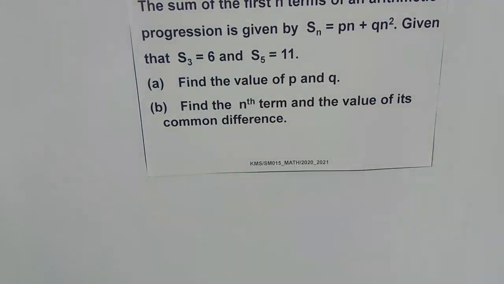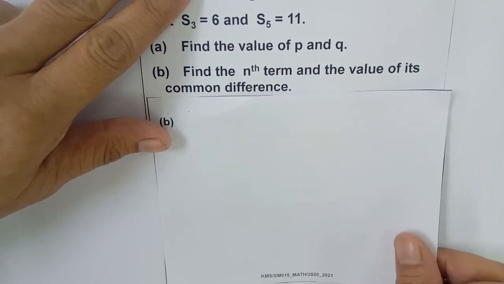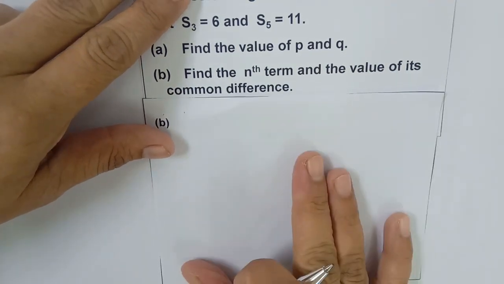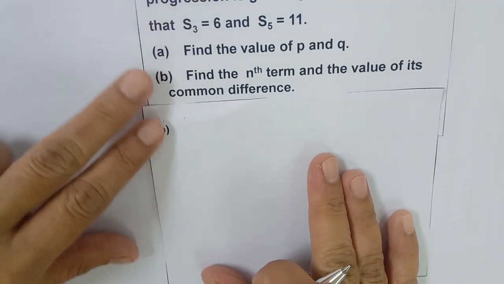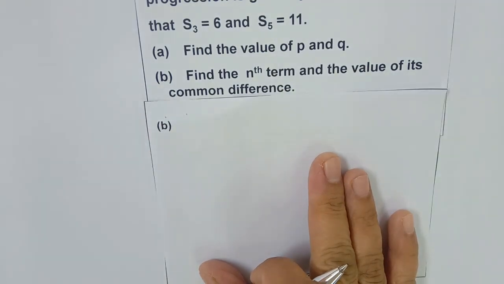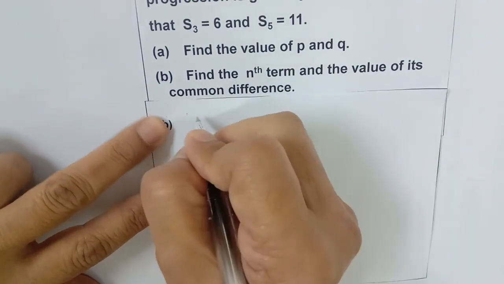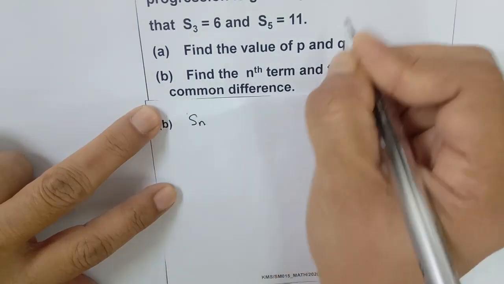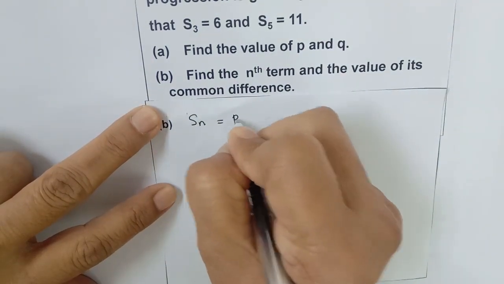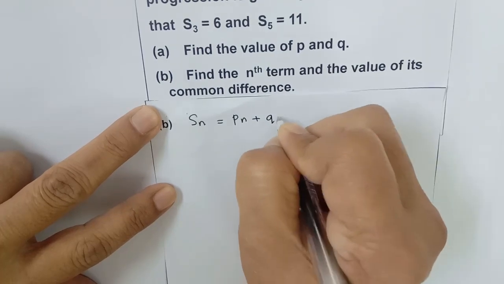Okay, for part B, find the nth term and the value of its common difference. So, given Sn is Pn plus Qn square.